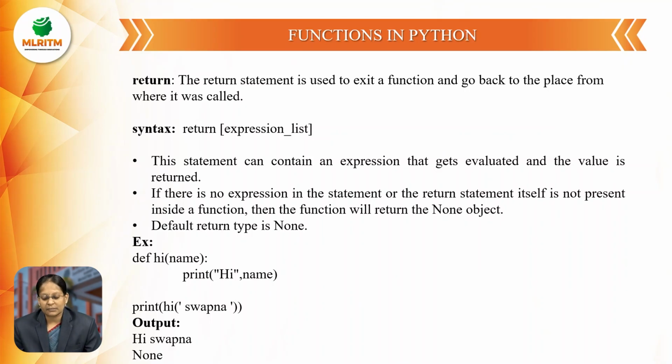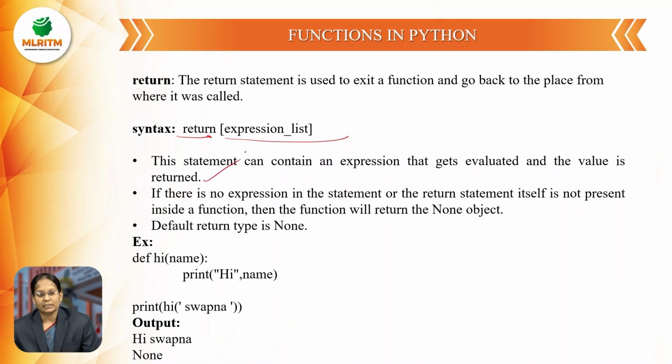The next statement is the return statement. The return statement is used to exit a function and go back to the place where it was called. Syntax: return, where return is a keyword, followed by an expression list. This statement can contain an expression that gets evaluated and the value is returned.